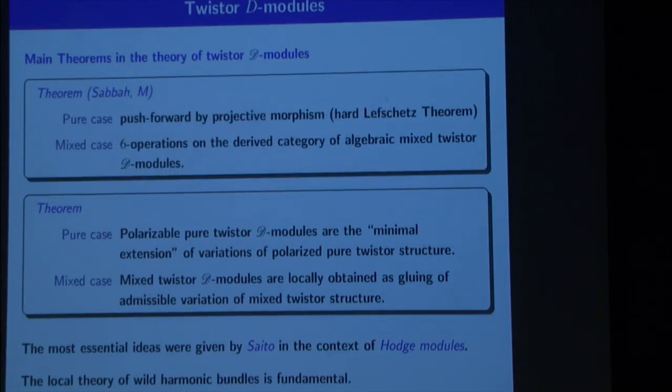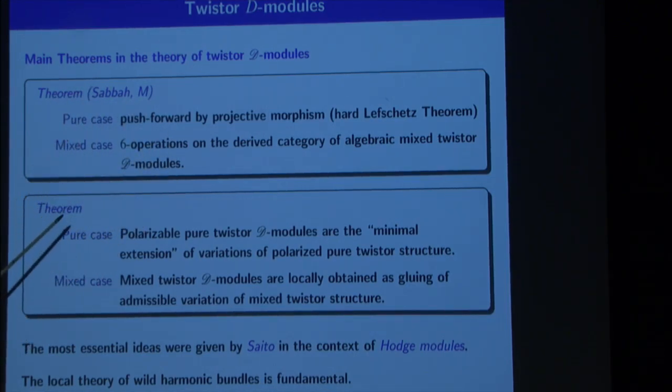Okay, so let me explain. The twistor version of Hodge modules is called twistor D modules, which was introduced by Claude Sabbah and studied by him and myself. We can summarize the theory by two main results. One is the functoriality of pure and mixed twistor D modules.